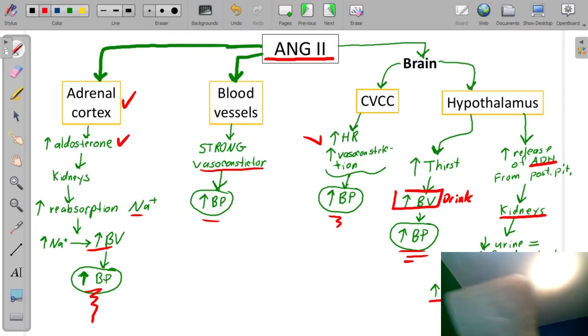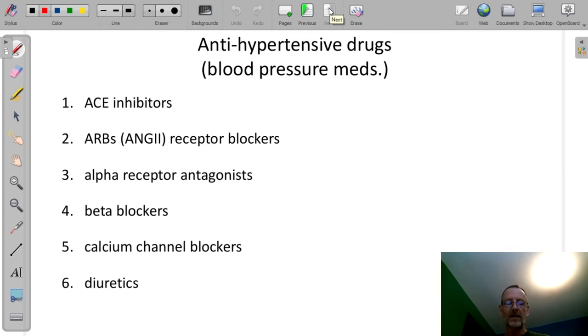And that takes us to our last slide. So here is a brief list of some common anti-hypertensive drugs. These are medications that are used to treat hypertension. And see, they should start to make sense.